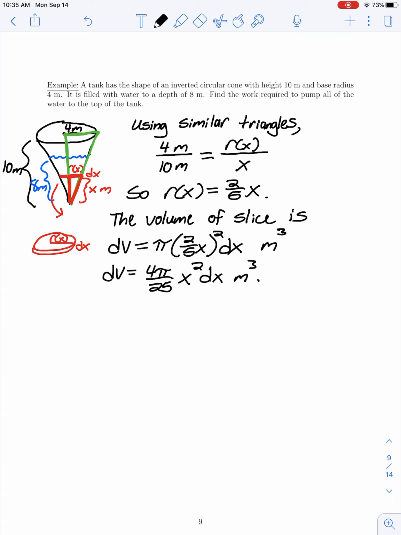Now, once we find the volume of our slab, we would multiply by the weight density of water in order to get the force needed to move that slab.